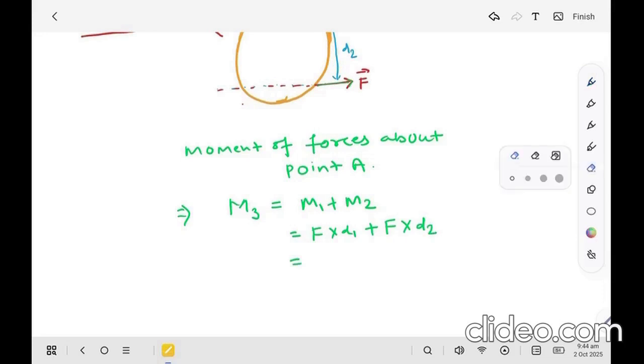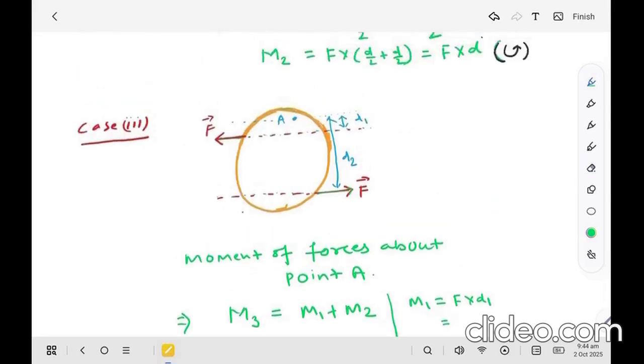First we can estimate them separately and then use them here. What is m1? m1 is F into d1, and what is the direction? This force has a tendency to rotate the body about point A in this direction, and the other force has a tendency to rotate the body about point A in this direction.